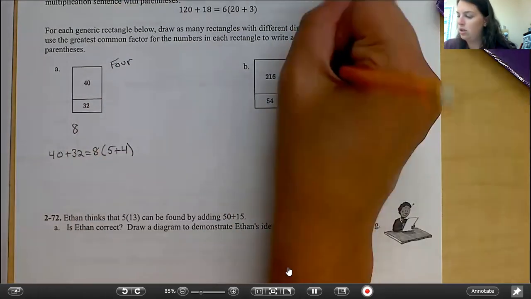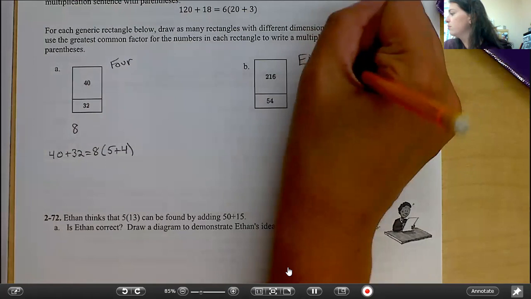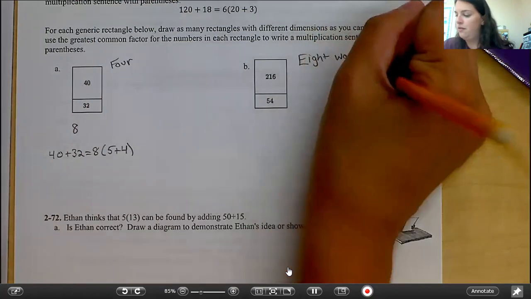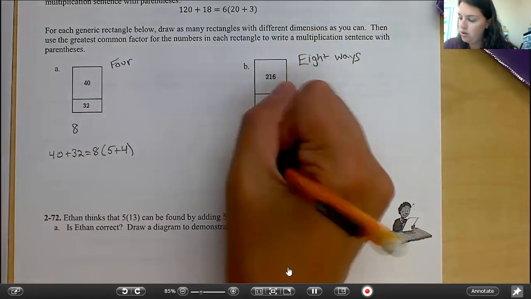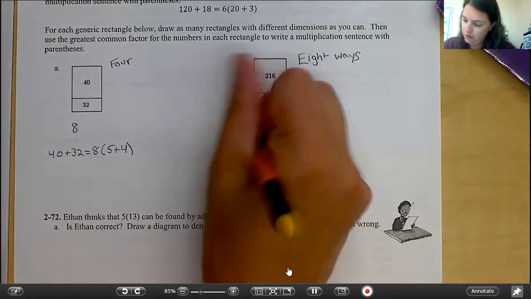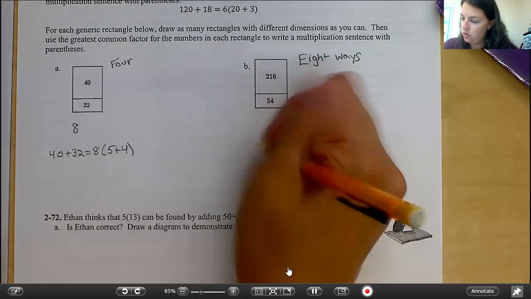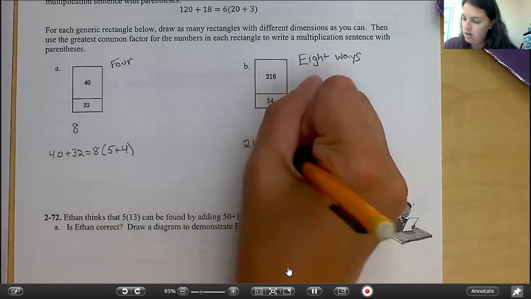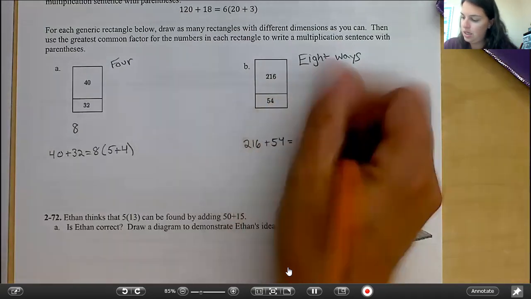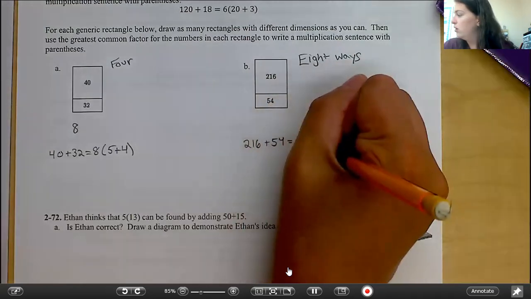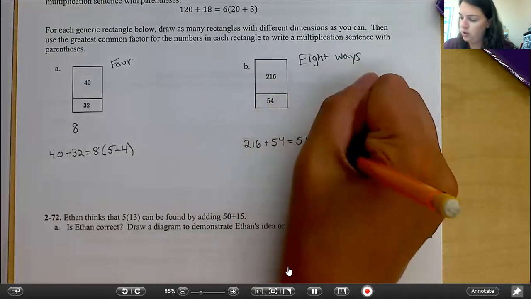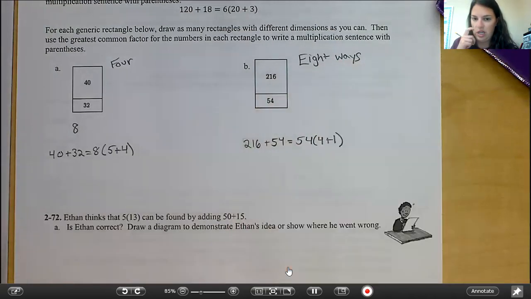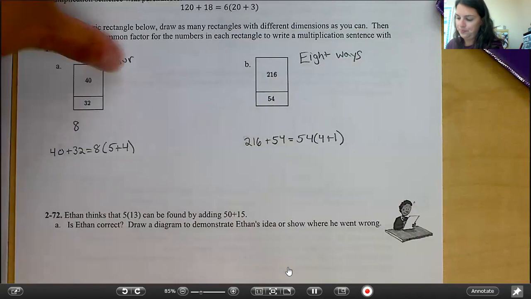For B, there were 8 ways, and 54 was our GCF. So we should have 216 plus 54 equals 54 times the quantity of 4 plus 1. That should be your number sentence.